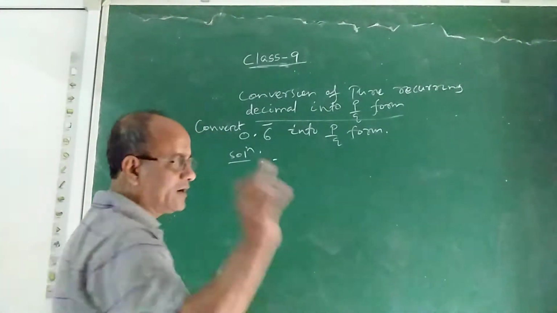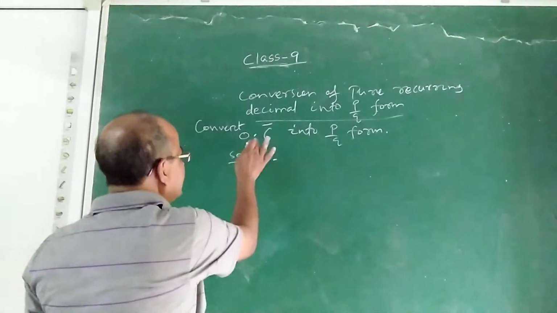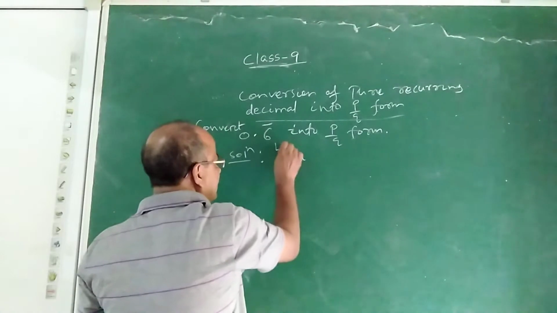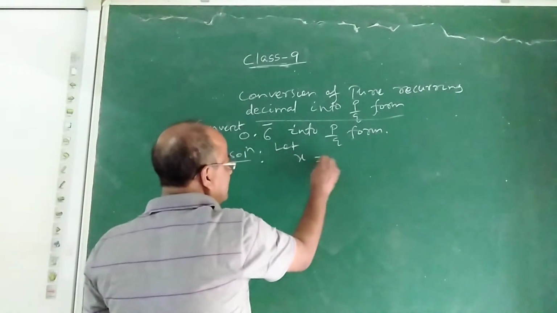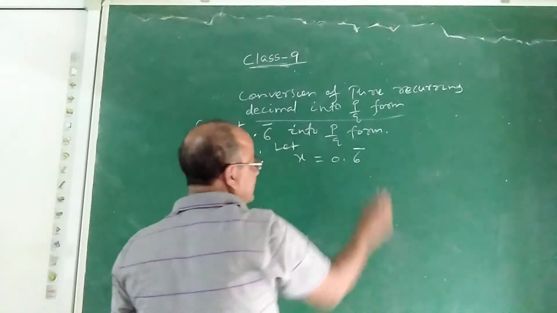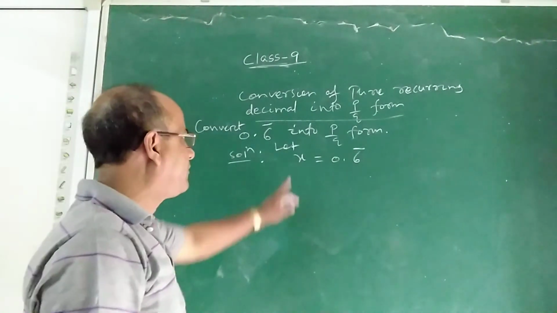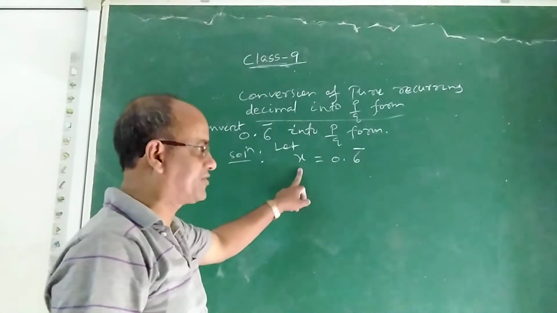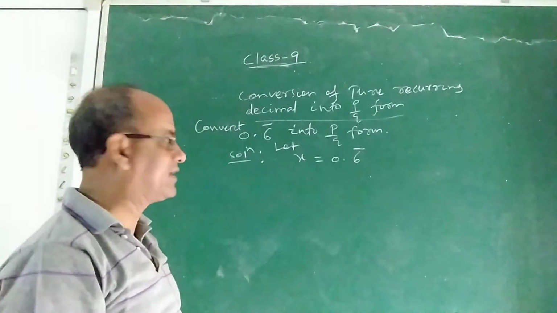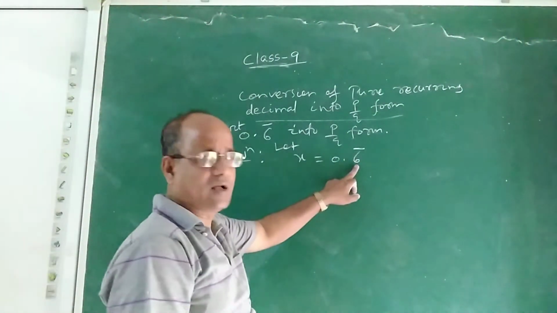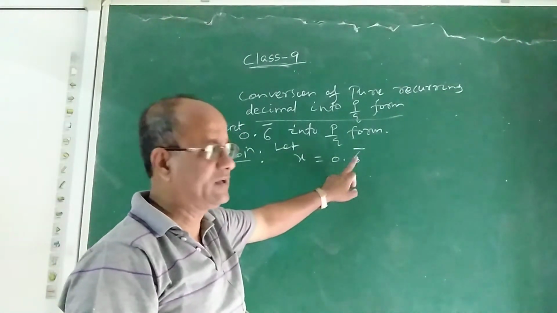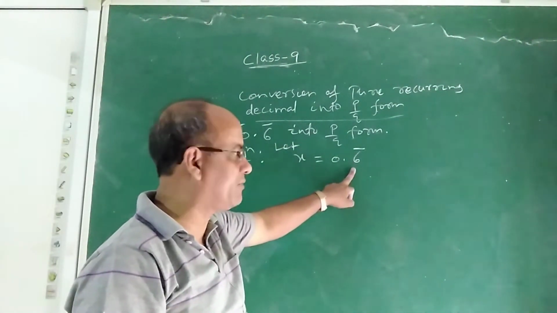Let us see, what is the first step? The first step is, you take this number, say x. Let this pure recurring decimal be denoted by x equal to 0.6 bar. Now the next step is you find out how many digits are repeated in this pure recurring decimal.